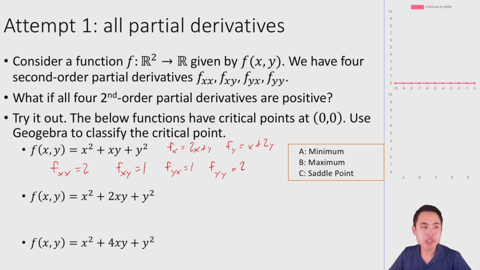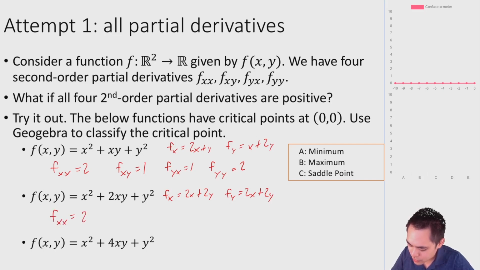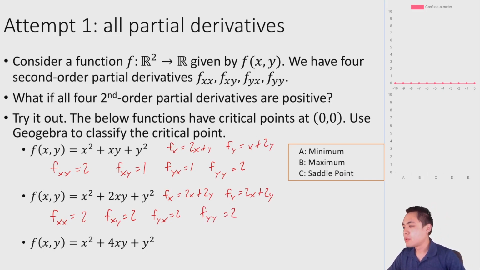Let's first check that all of the partial derivatives are the correct sign. f of x is equal to 2x plus 2y, f of y is equal to 2x plus 2y again, f of xx is equal to 2, f of xy is equal to 2, f of yx is equal to 2, and f of yy is equal to 2. So is this a minimum, maximum, or saddle point?